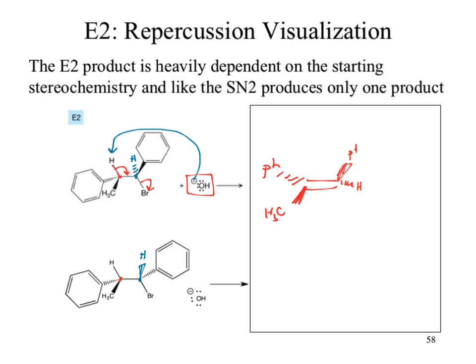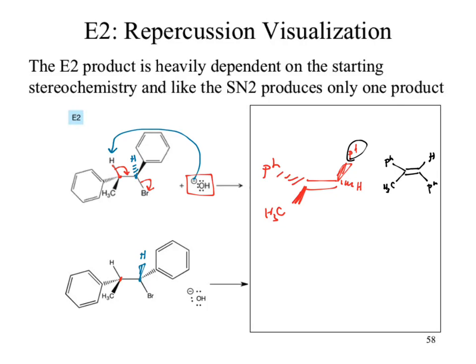The geometry about those carbons is trigonal planar, which means wedges and dashes are a horrible thing to show. So instead, I'm going to flatten those out. I'm going to say the wedged is down in front. So there's my CH3. There's my Ph. The Ph on the other side is wedged. It's still coming out at me. That would be my product.